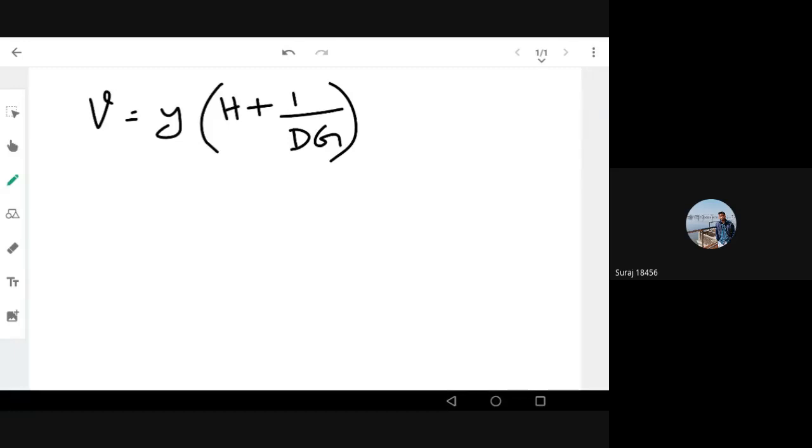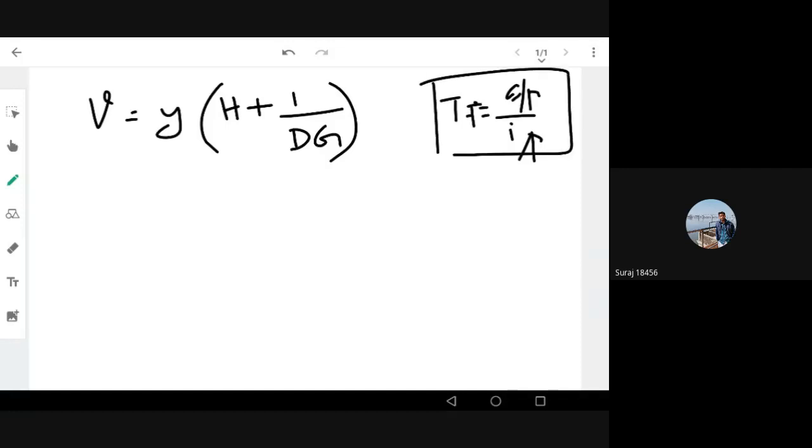So we have to put it in the form output by input. We'll get the transfer function. Let me simplify this initially. V equal to Y into DGH plus 1 divided by DG.